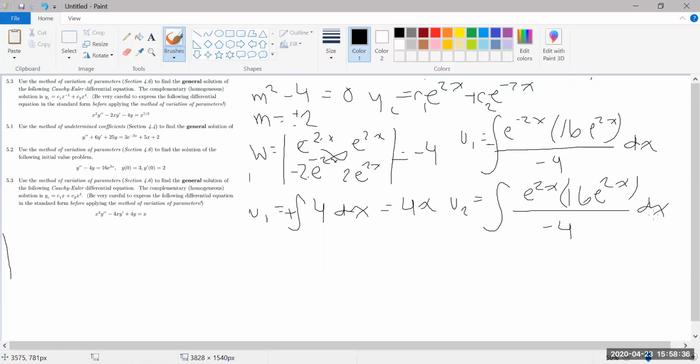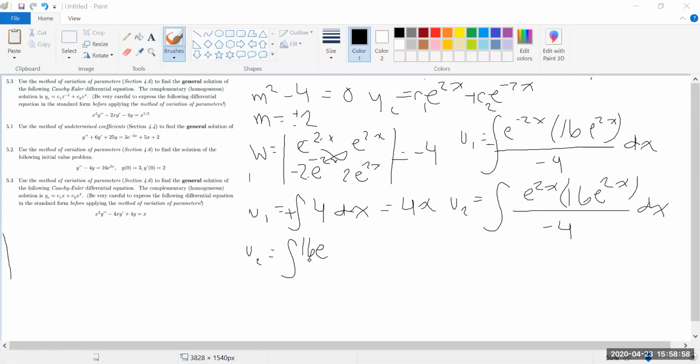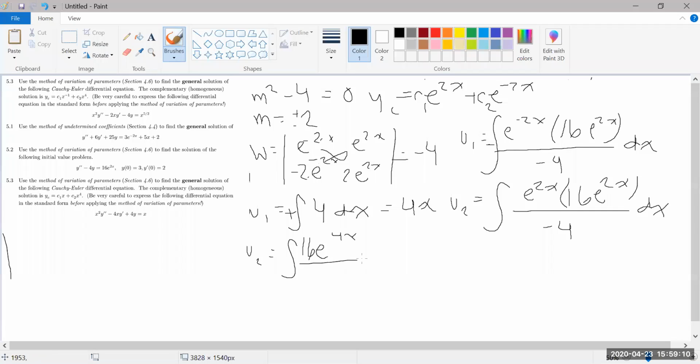Okay, so when you multiply this through, u2 equals the integral of 16e to the 4x divided by 4.